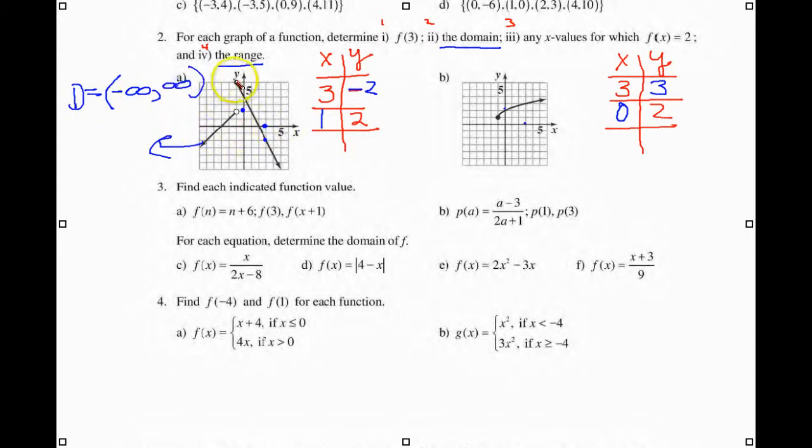Now how about our range? Well, it's coming up from our y values, coming up from negative infinity, goes up, up, up, but it stops here. And this is 1, 2, 3, 4, 5, 6. It stops at 6. And we indicate that the 6 is included in the range with a bracket.